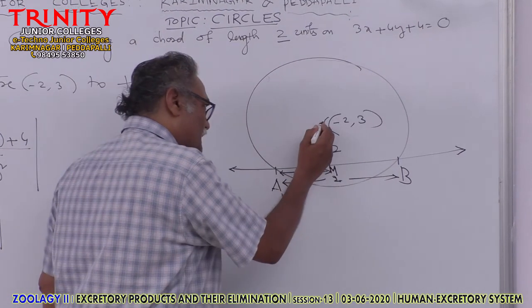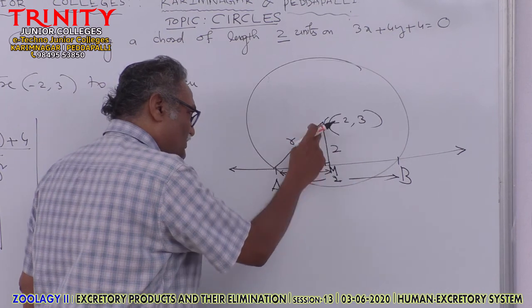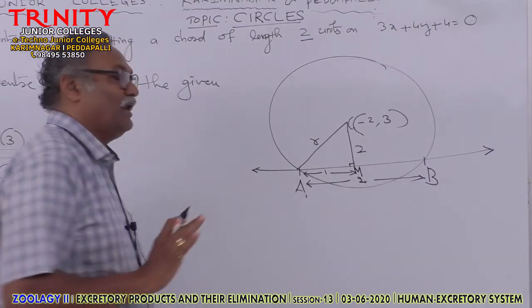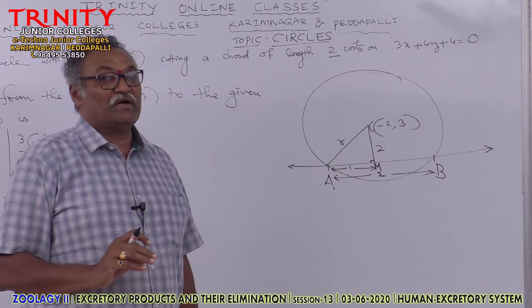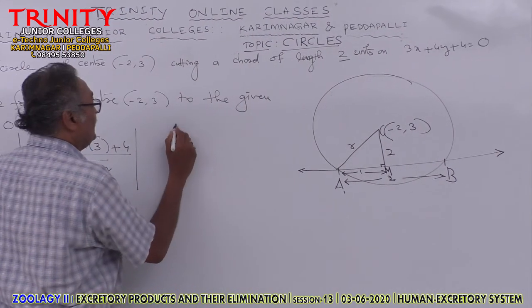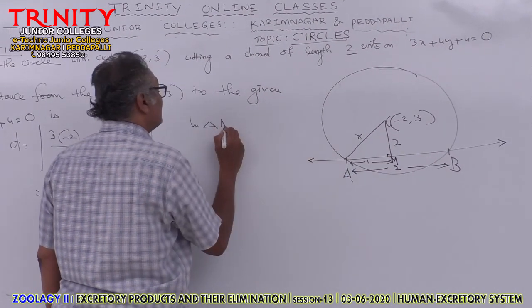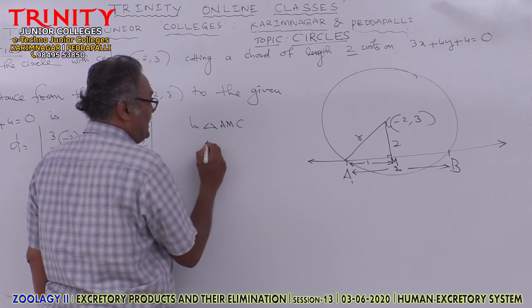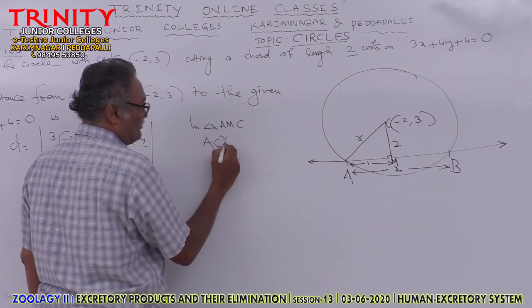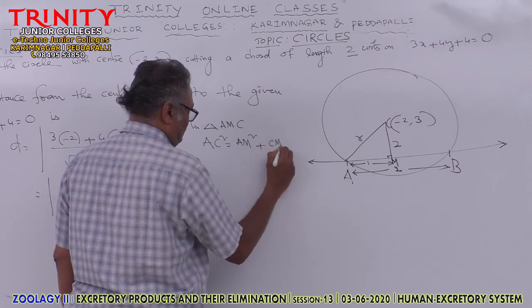Here we have to find the radius of the circle. It is a right-angled triangle. Applying the concept of Pythagoras theorem, here in triangle AMC, AC square equals AM square plus CM square.